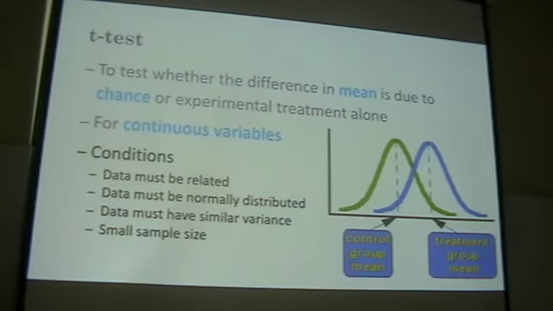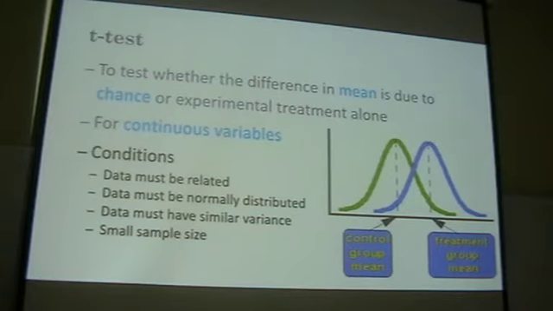And t-test is only used for continuous variable. Chi-square is for discrete, that is discontinuous. So very easy to choose already, right? When to use chi-square, when to use t-test. Next thing, t-test is very stringent, more conditions. The data set, that means the green graph and the blue graph, must be related.